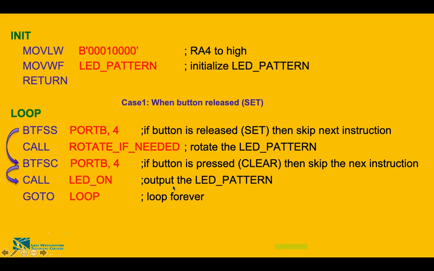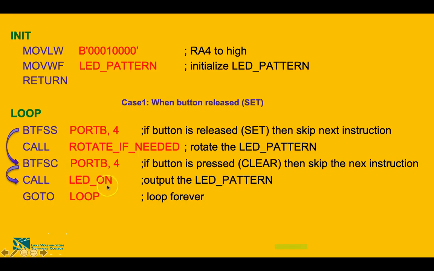Okay, so in short, when your button is released or it is set, these two steps it's going to do. It's going to jump from here to here and check whether the button is pressed or it is clear. If it is still not clear, then it's going to go to this step, which means call LED_on. Now LED_on is my label.